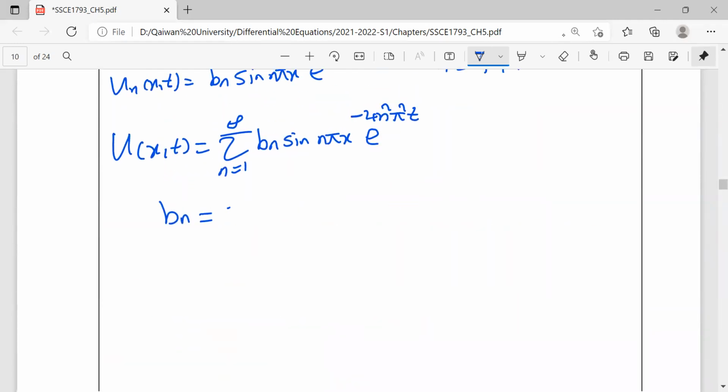We have u of x,0 equals x over 4 for x from 0 to 1. As L is 1 and f of x is x over 4.